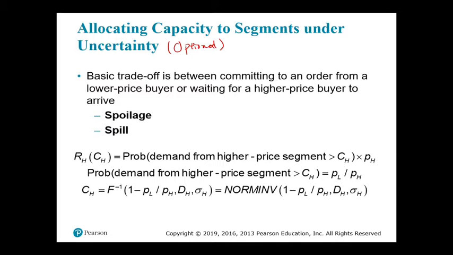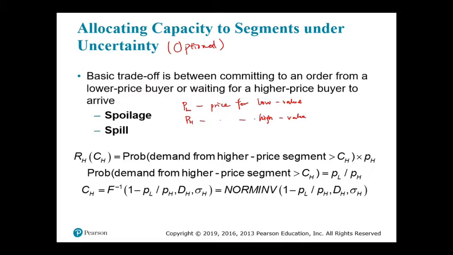So let's say we have high value customers and low value customers, and we charge PL for low value buyers, and PH is the price for high value buyers.